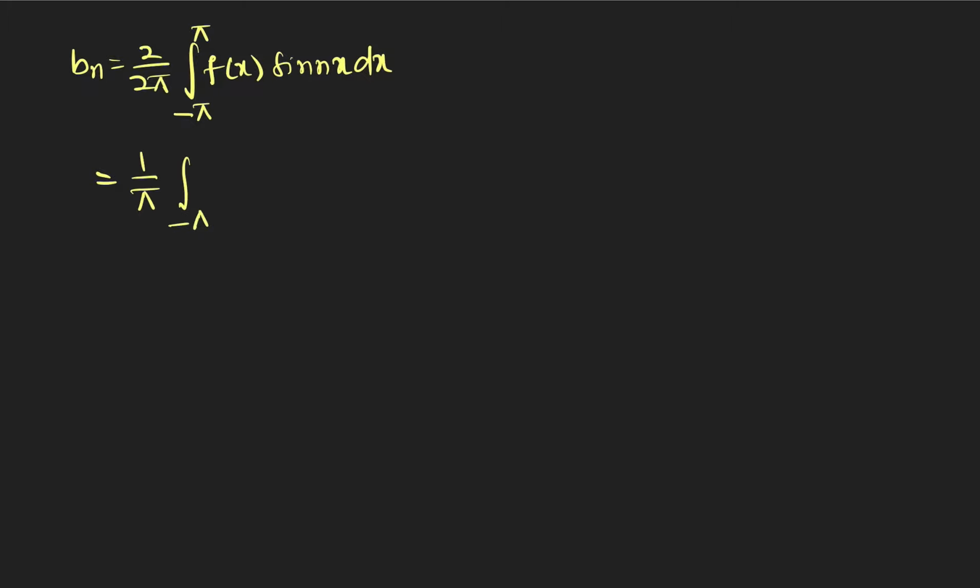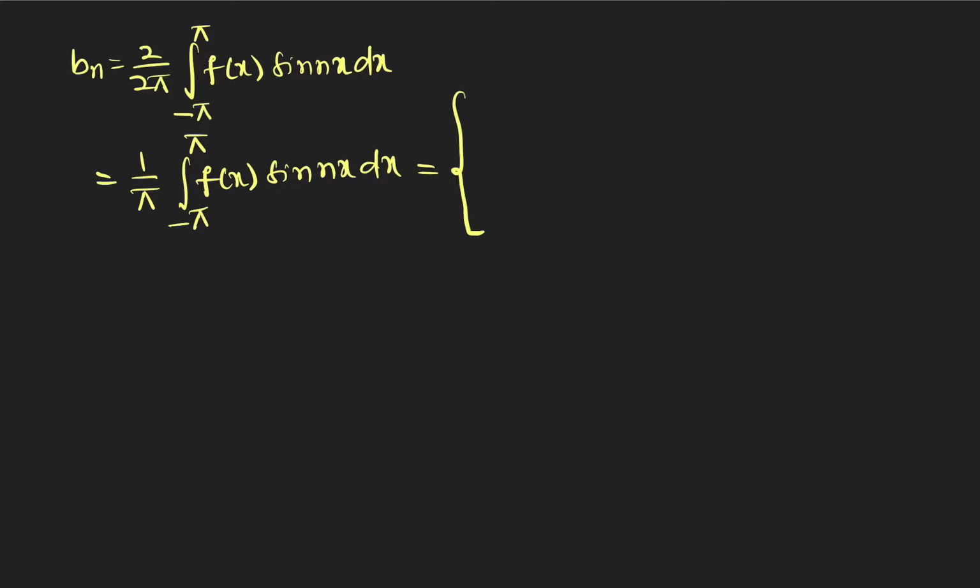Similarly, bn is given by 2 by 2 pi, integration runs from minus pi to pi, f of x into sin nx into dx, which is equal to 1 by pi, integration runs from minus pi to pi, f of x into sin nx into dx.